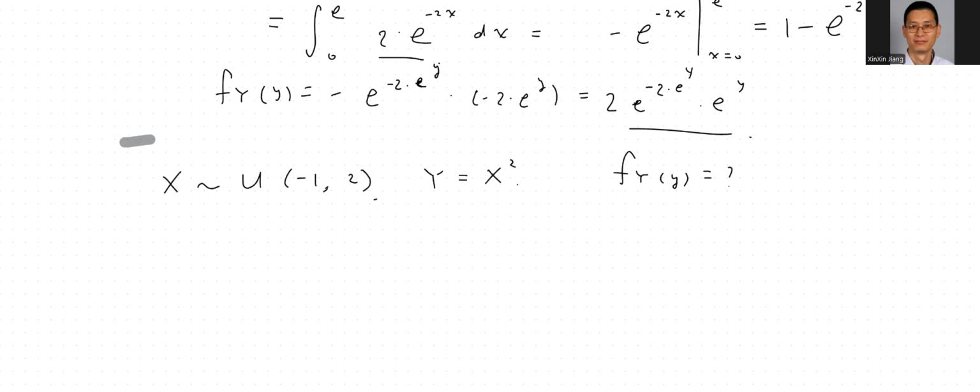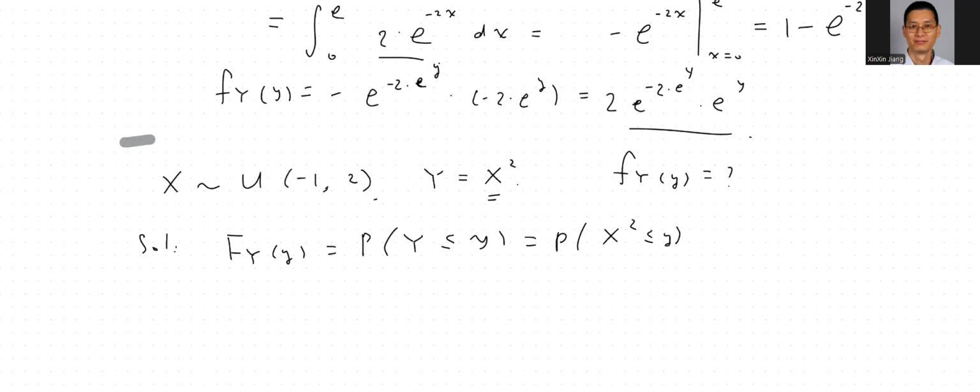It's not increasing nor decreasing, so we actually need to go through the CDF. So F sub Y is the probability of Y less than or equal to little y, and then replace this Y by x squared.